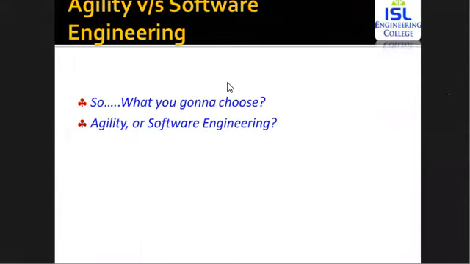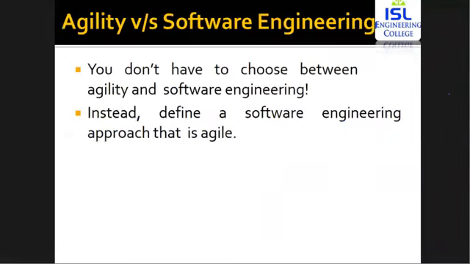Now, as you've studied the seven different models for agile, what are we going to choose? Agility, or just go for the software engineering approach, that is the waterfall model, the incremental model? Which are we going to choose? You do not need to choose between agility and the different software engineering models, the incremental model, waterfall model.